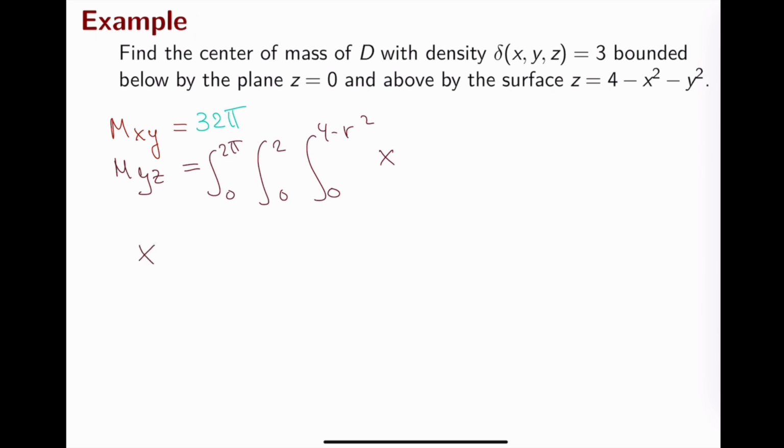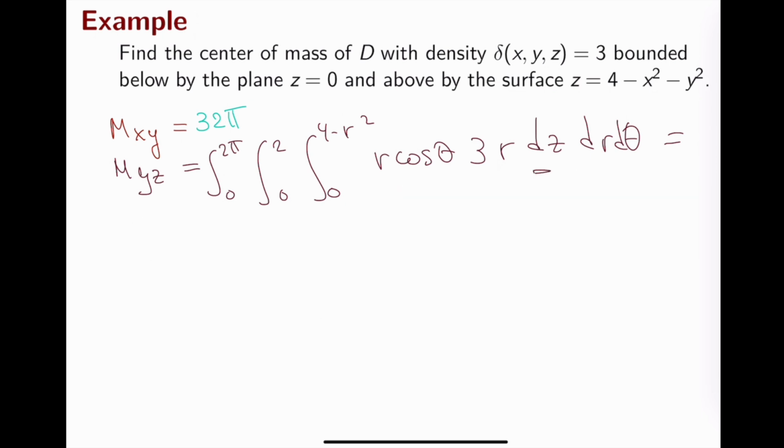But remember that x in the change of variables in cylindricals is not like the z that is equal to z, but the x is equal to r cosine theta. So that's what we're going to write here. So here will be r cosine theta. And then we're going to put the density, and then we're going to put the r that is needed in the cylindrical change. And then dz, dr, and d theta.